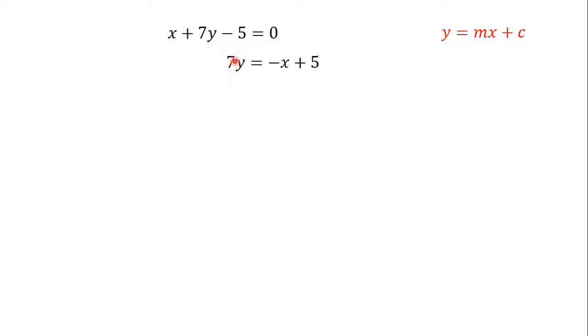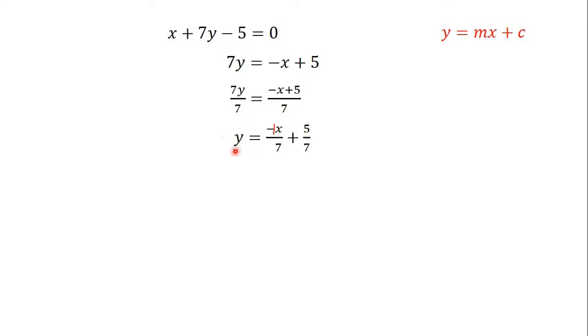In doing that, we will have 7y = -x + 5. We divide the left hand side by 7 and we divide the right hand side by 7. 7 will cancel 7, so we will have y = (-x + 5) divided by 7. From the videos on fractions, we learned that (-x + 5) divided by 7 is the same as -x divided by 7 plus 5 divided by 7. Now, -x divided by 7 is also the same as -1x divided by 7.